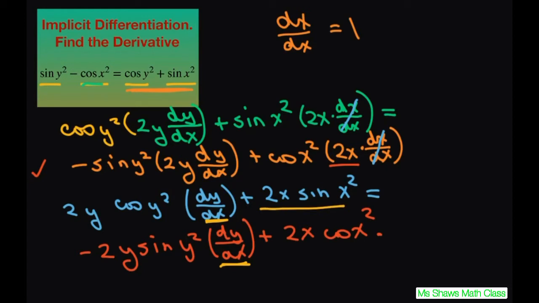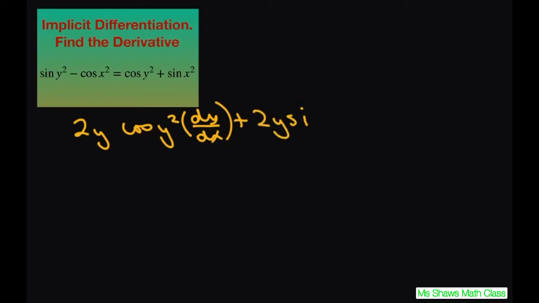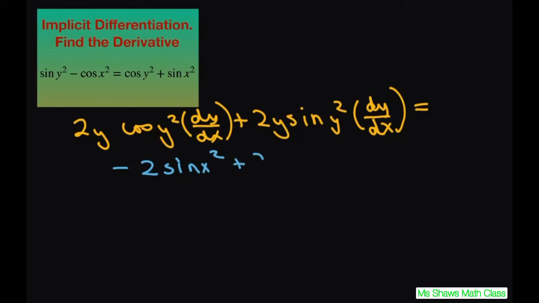So when you do that, you're going to get 2y cosine y squared times the derivative of y with respect to x plus 2y sine y squared times the derivative of y with respect to x equals, and then we move the others over, it's going to be negative 2x sine x squared plus 2x cosine x squared.